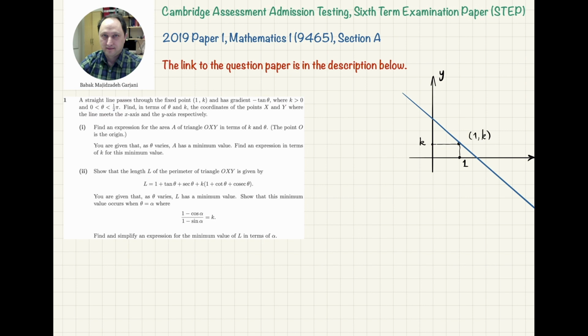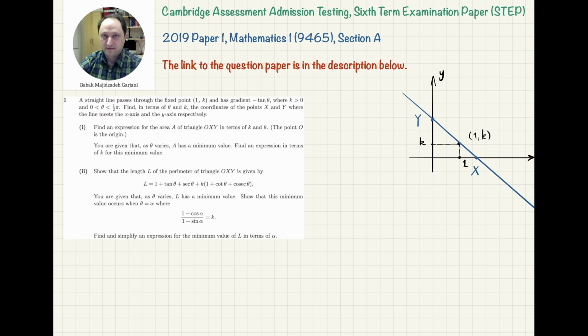And then what we know is that this point is the x-intercept, and this point is the y-intercept, denoted by capital X and capital Y, and we're supposed to find their coordinates. But before that, we need to find an equation for this blue line.